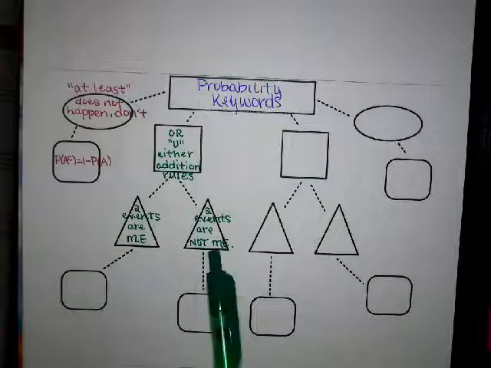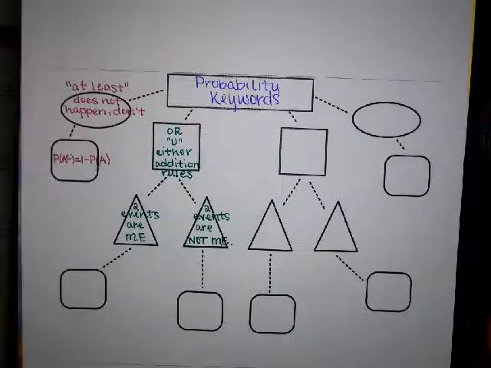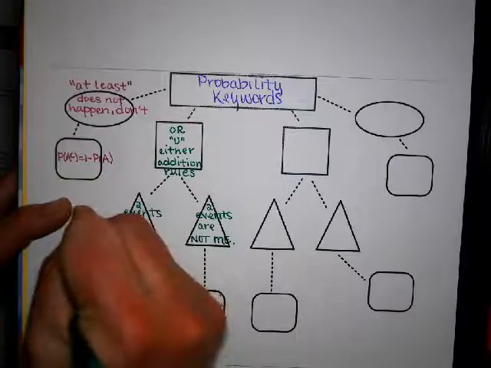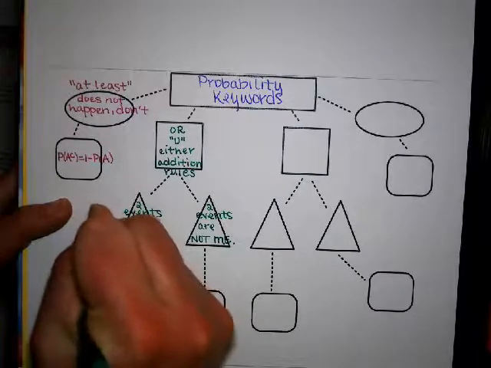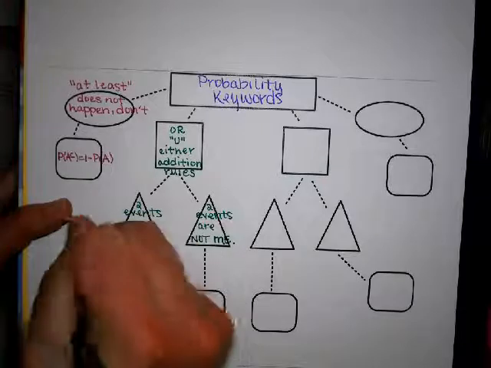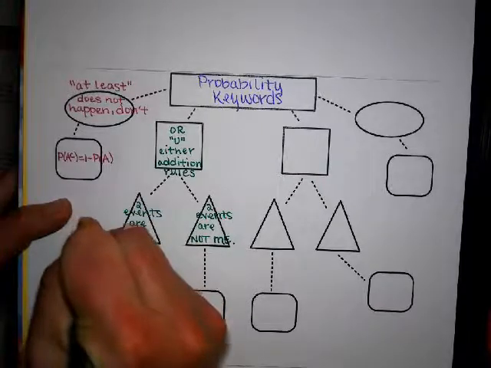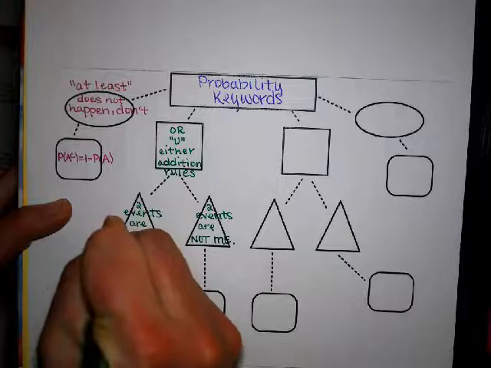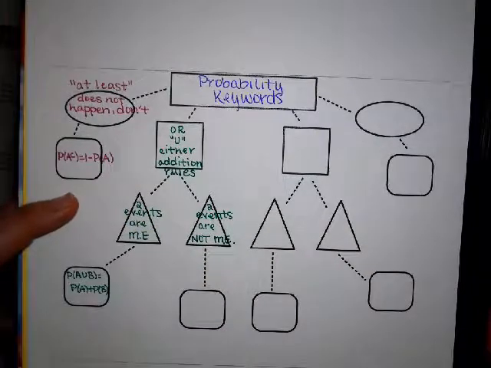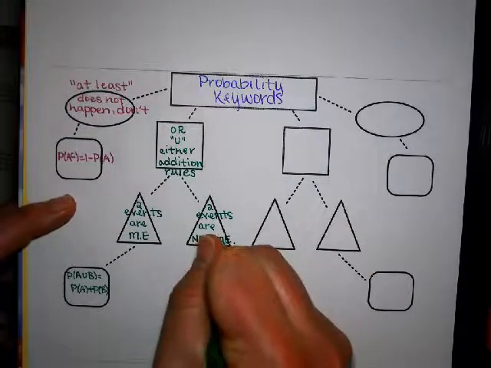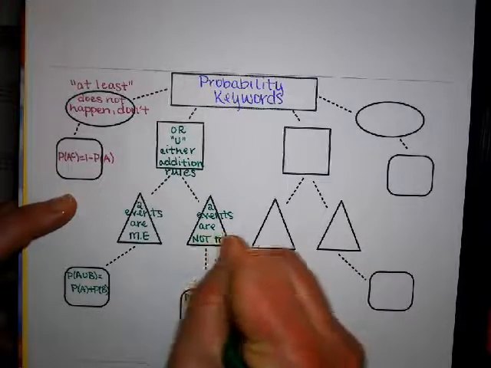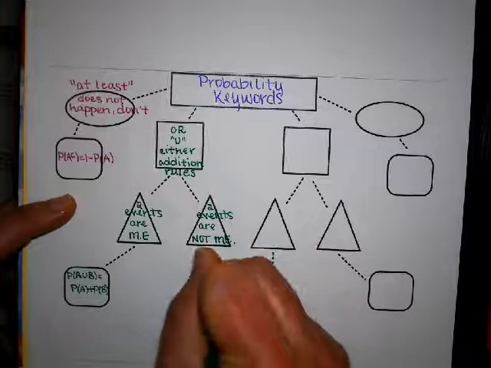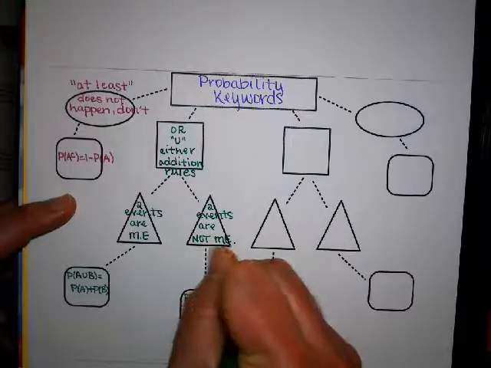If they are mutually exclusive, the probability of A or B happening is found by the probability of A plus the probability of B. If they are not mutually exclusive, the probability of A or B comes from the probability of A plus the probability of B minus their overlap.